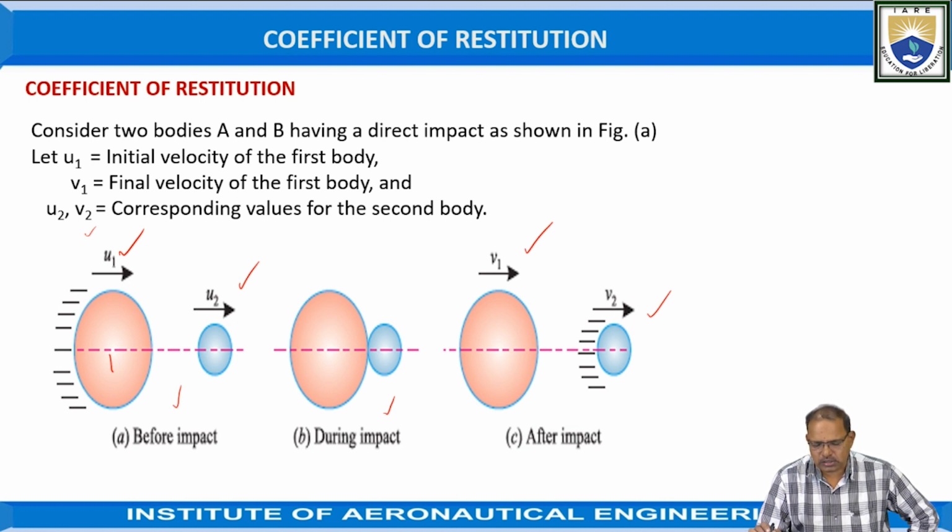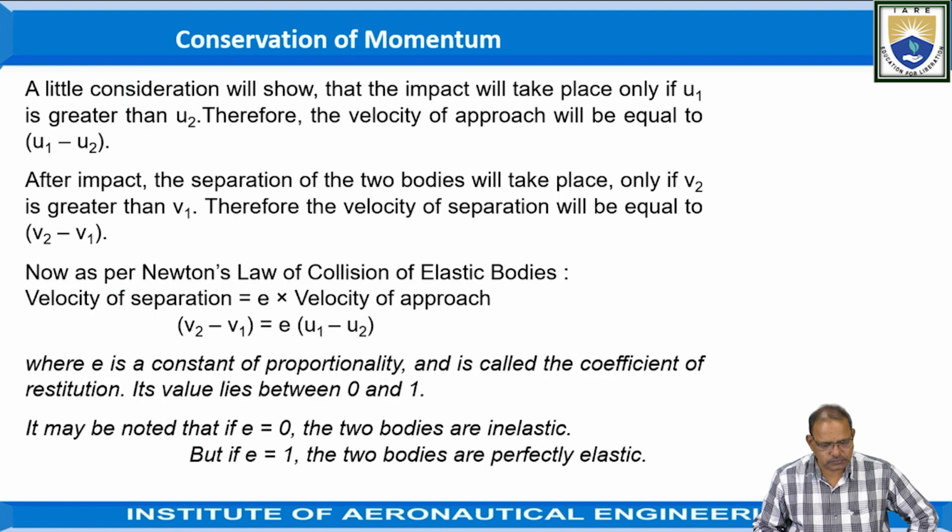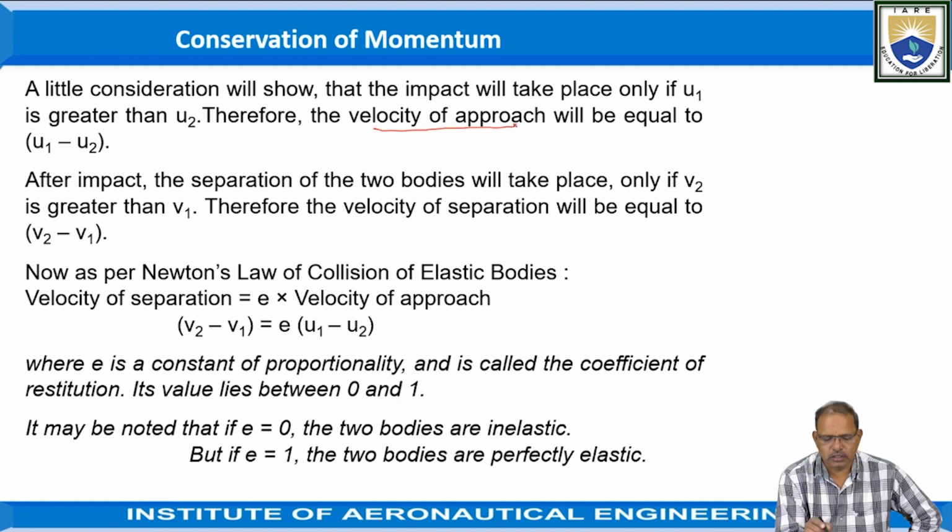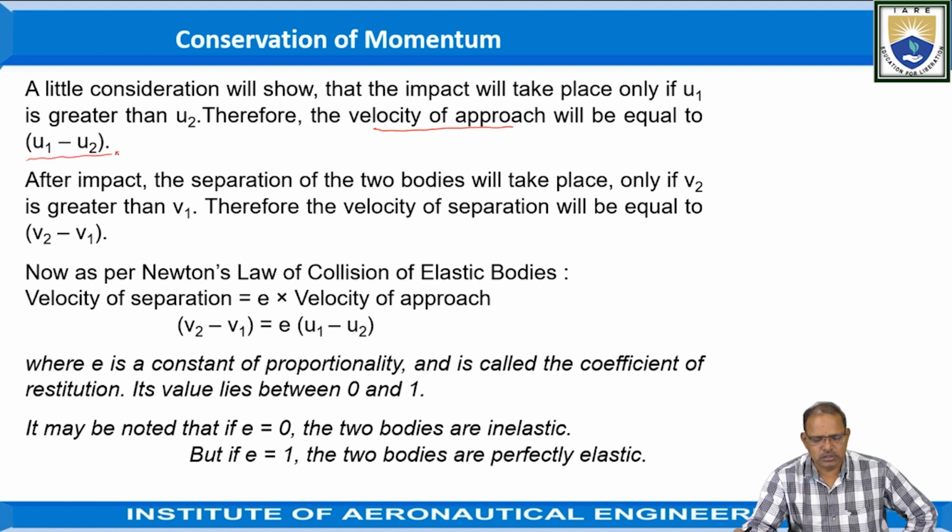In this case, the body v2 has more velocity than v1. The difference of u1 and u2, the initial velocities of objects 1 and 2, is treated as the velocity of approach. That is, velocity of approach is equal to u1 minus u2.